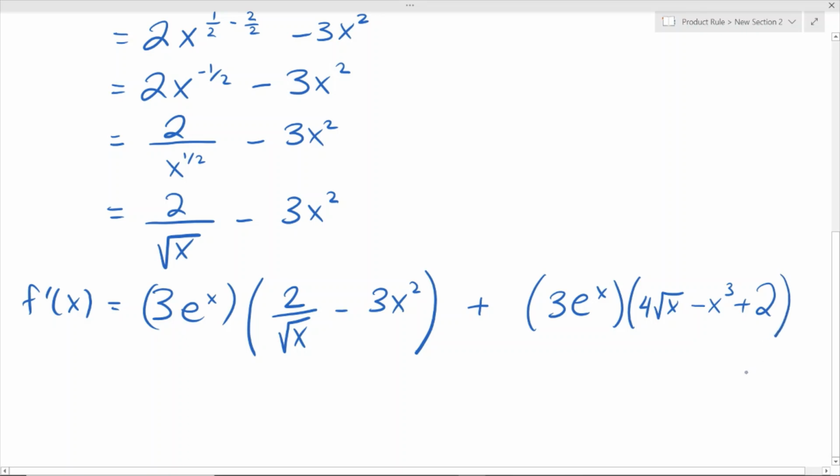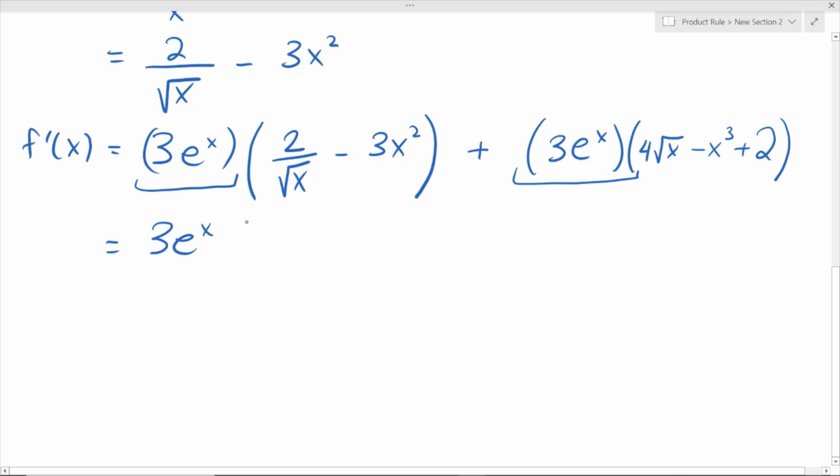Alright, and now we can just simplify it. So simplifying this, how about let's factor this 3 times e to the exponent of x. I'm going to factor that out and then simplify the rest of the stuff. So I factor this here, and I factor this here. So this is just going to be 2 over square root x minus 3x squared.